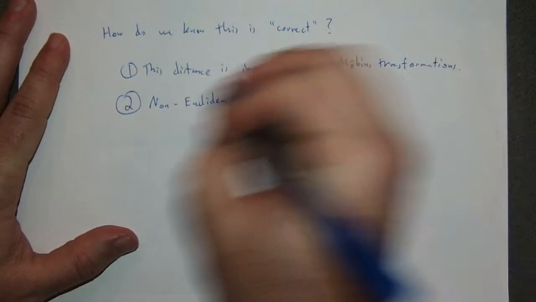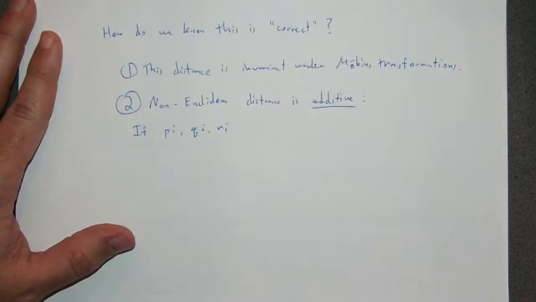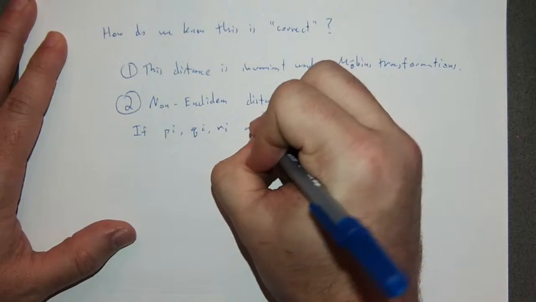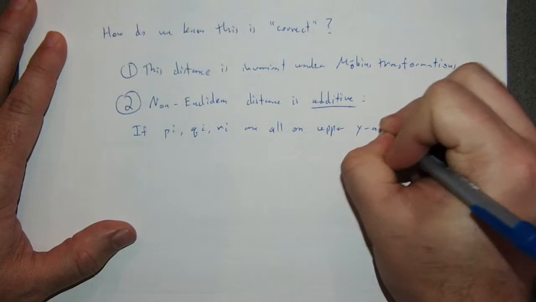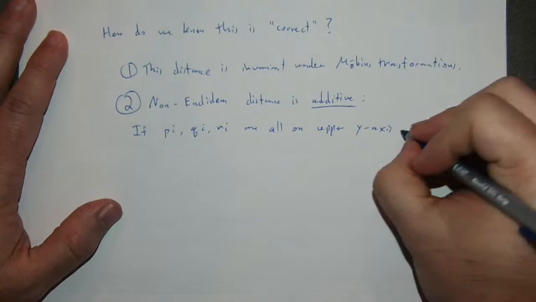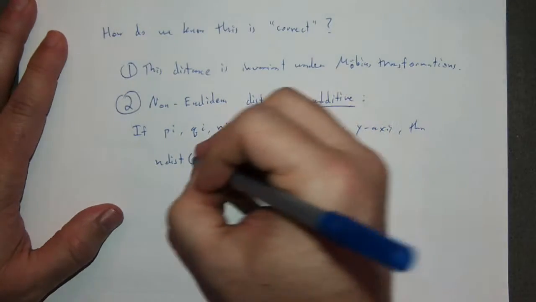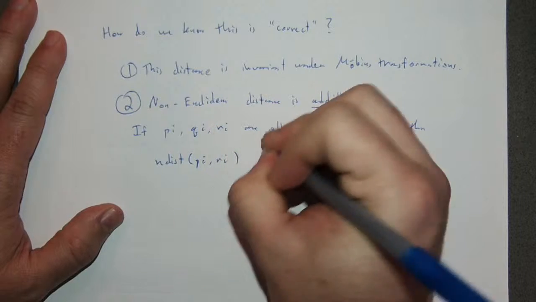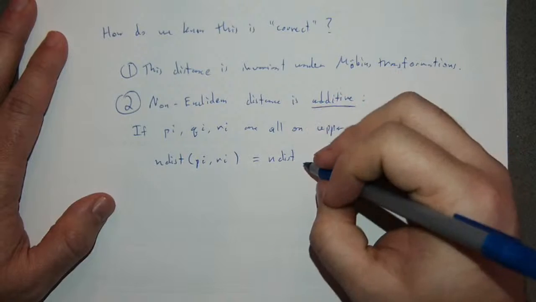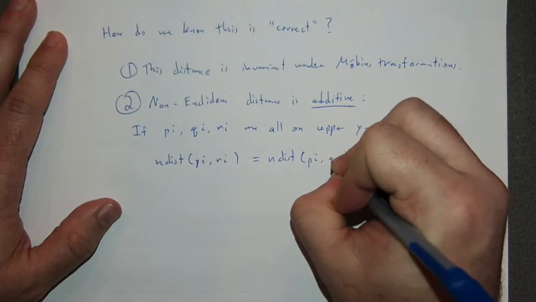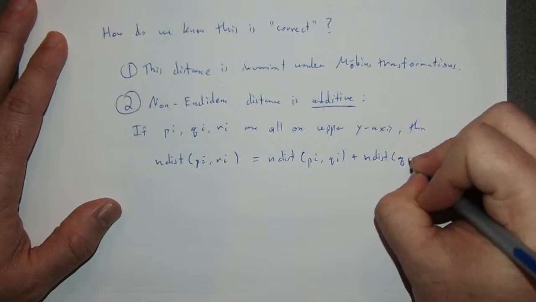If Pi, Qi, and Ri all lie on the upper y-axis, then the non-Euclidean distance from Pi to Ri is actually the same as the non-Euclidean distance from Pi to Qi plus the non-Euclidean distance from Qi to Ri.